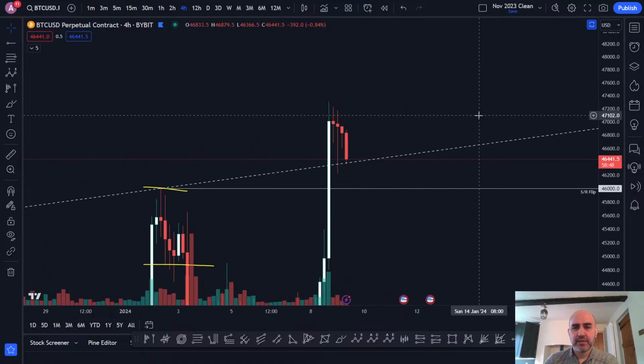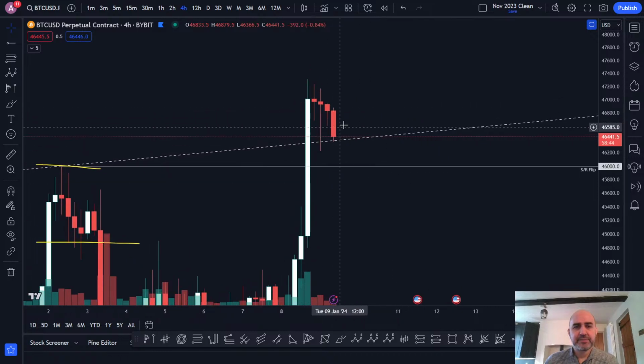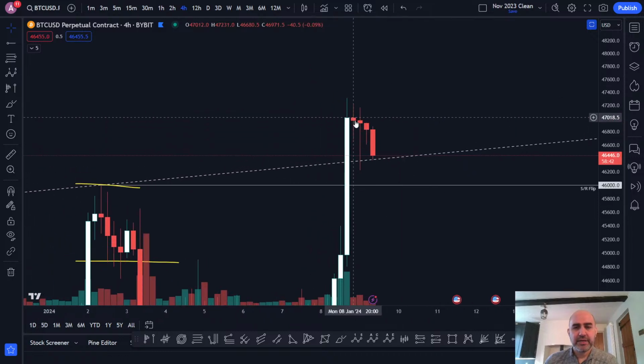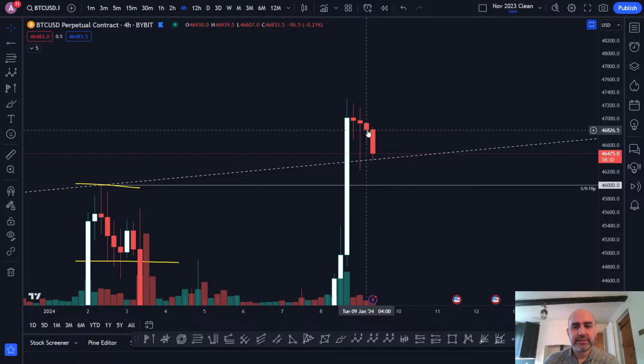Yeah. And what we're experiencing now, look at this behavior on the 4-hour chart. This is take profit, this is take profit, this is take profit, and basically we're experiencing take profits. While these 4-hour candles are not terrible, it doesn't look good.